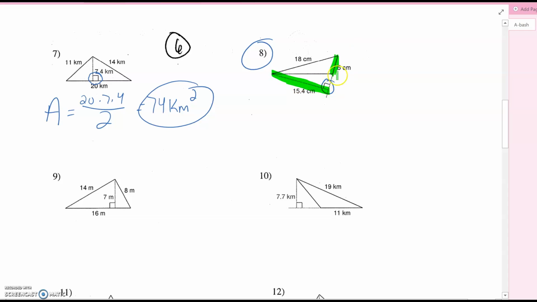They would connect even if you extended this. Even I would just use the 5 because it's just going to be a solid line. But that 18 has nothing to do with that right angle whatsoever. So my area is going to equal 5 times 15.4 divided by 2, which is 38.5 centimeters squared.